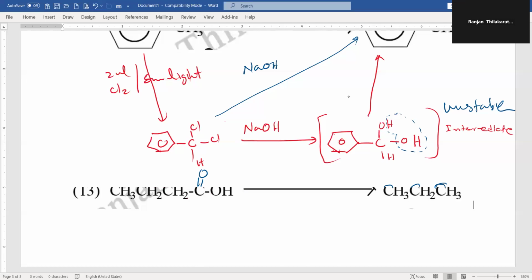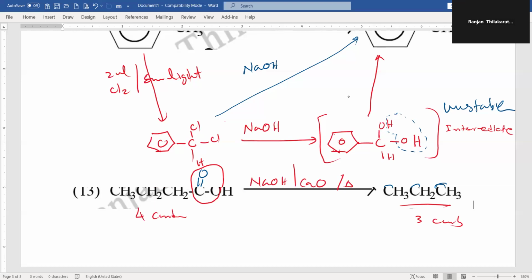For this, what we need to add is soda lime. Soda lime means a sodium hydroxide and calcium oxide mixture, and then you can heat. Then what happens? Sorry, a carbon dioxide molecule will be removed. That means in the product, you will have only 3 carbons, but here you have 4 carbons. So you can reduce the number of carbons by using this method.